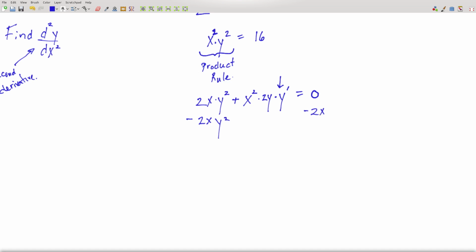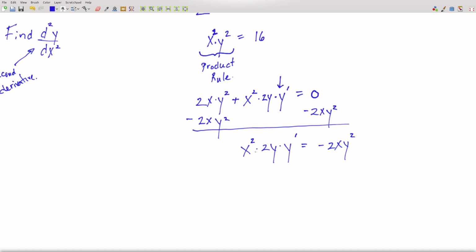By the way, if you need to move something to another side, usually you do that by adding or subtracting. You usually don't move things to the other side by dividing or multiplying. Okay, so we subtract to move it to the other side. So we end up with x squared times 2y times this first derivative is equal to negative 2xy squared.